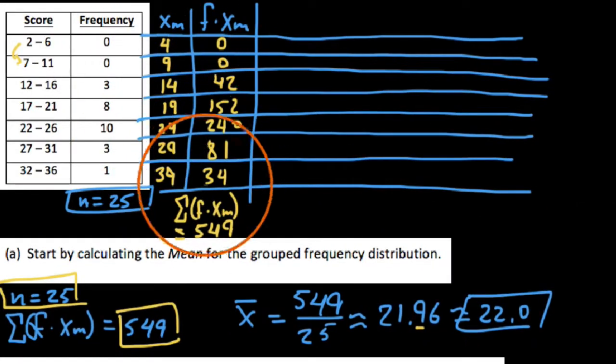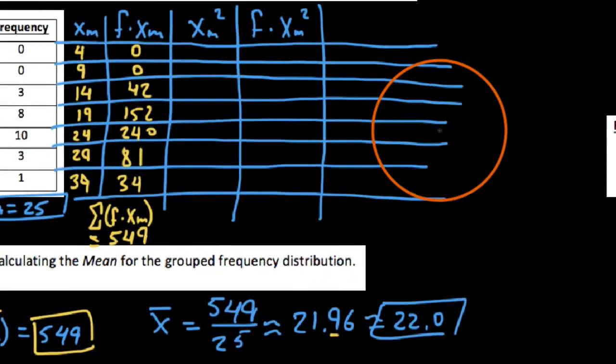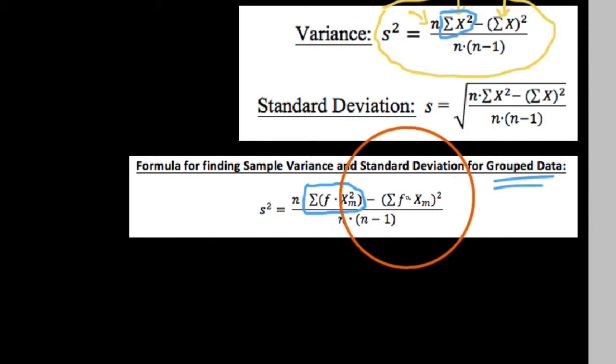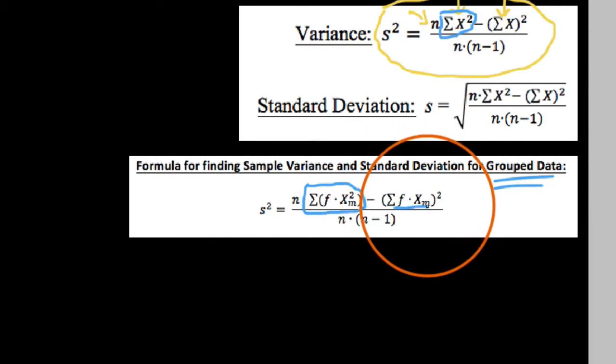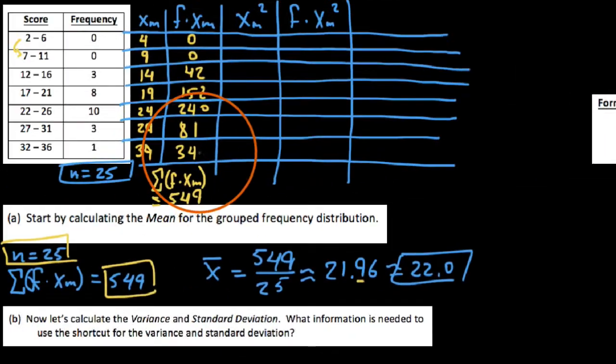So our class midpoint, if this represents the original data values, what we're going to need to do is build in another column where we square all of those original midpoint values. And we're going to have to take those squared values times the frequencies, okay? So we have to build in 2 more columns here. And then we also need now the sum of our data, which is this thing right here, which we already have, squared, and this is all over n times n minus 1. So it's really the same process, we just need to build on some extra columns.